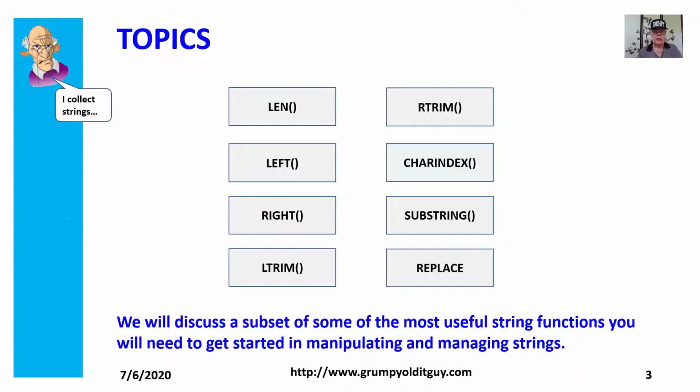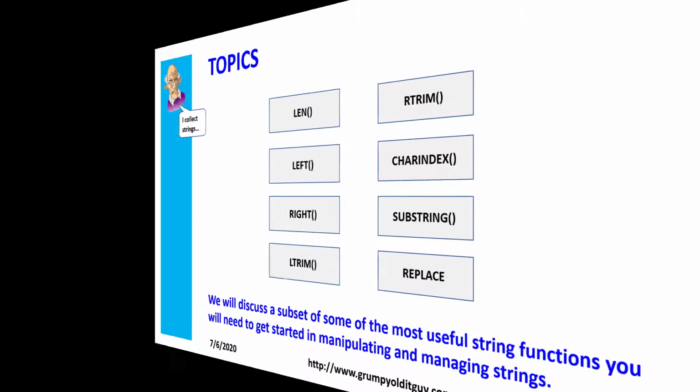So again, we're only going to look at 8 of these most popular functions, the LEN and the LEFT and RIGHT functions. You can guess what these do by their names, and the LTRIM, the left trim, and RTRIM, which stands for right trim. And finally, CHARINDEX, SUBSTRING, and REPLACE. So these are the workhorse functions that you need to learn to get started in string manipulation and data cleansing.